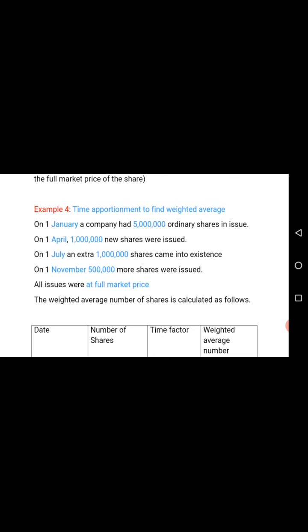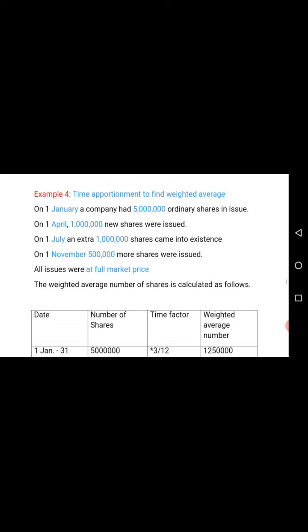Then on 1st April, 1 million new shares were issued in addition. On 1st July, 1 million again shares were issued. On 1st November, 500,000 more shares were issued. All issues were at full market price.